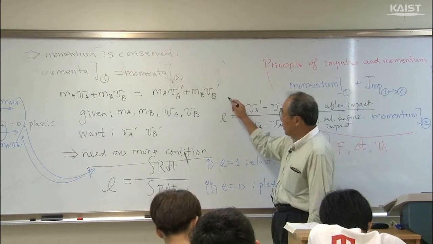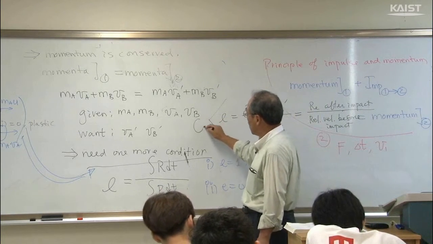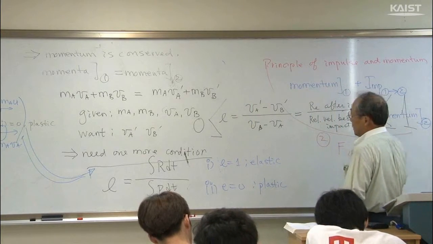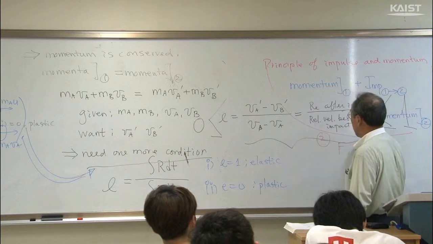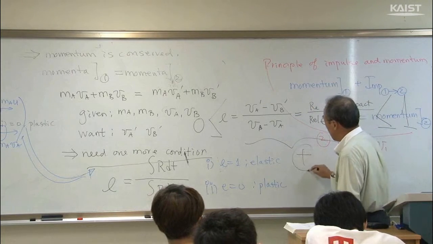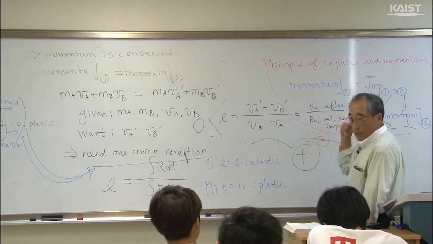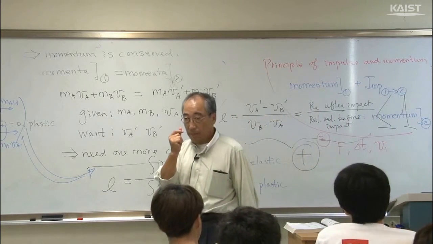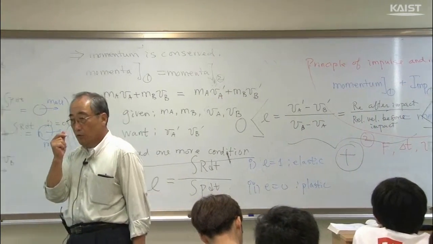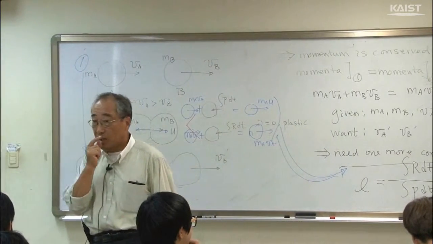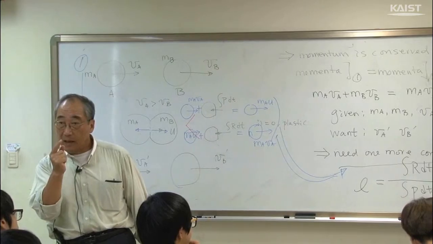And this is always greater than or equal to 0 and less than or equal to 1, which means that this is positive. That means not only relative, but we do not allow the negative relative velocity, right?